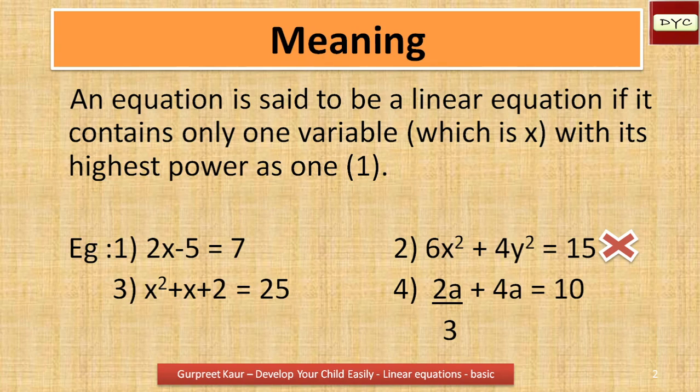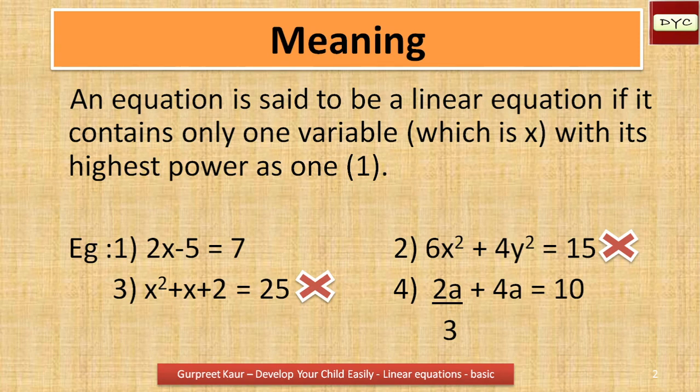If I look into x square plus x plus 2 is equal to 25, this also does not go with the definition. We say highest power should be 1, but in the third example, the highest power is 2. So it is not a linear equation.